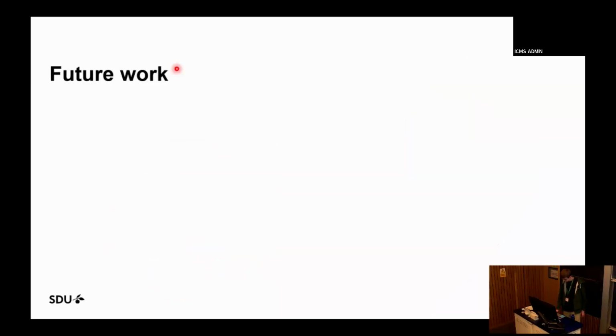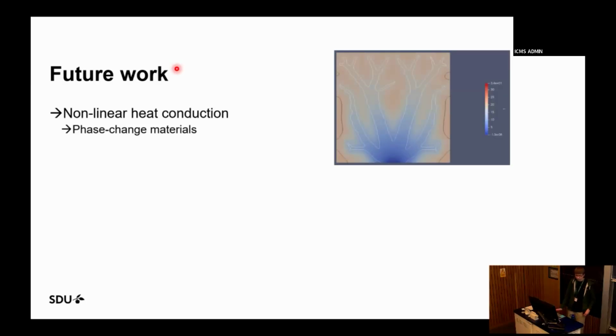Yeah. So anyways, for future work, we attempt to work with nonlinear heat conduction. So for example, in the context of phase change materials, in our case, our intention is to just use the heat equation, but then we put in the latent heat of the material as a kind of really high heat capacity locally at the point where the phase changes.